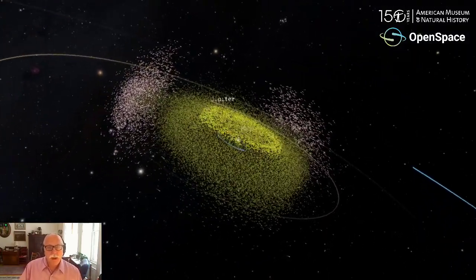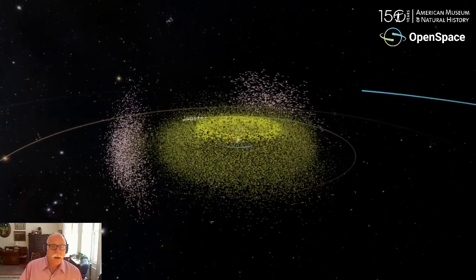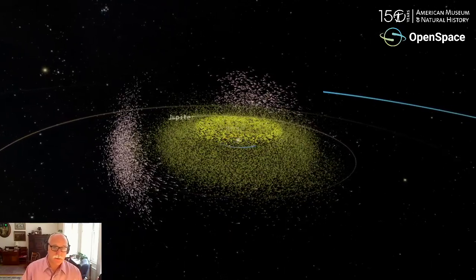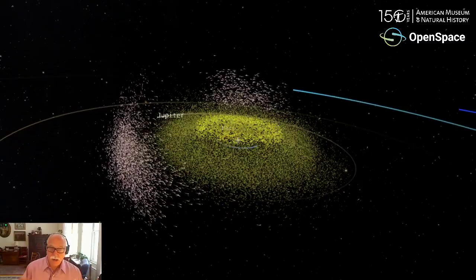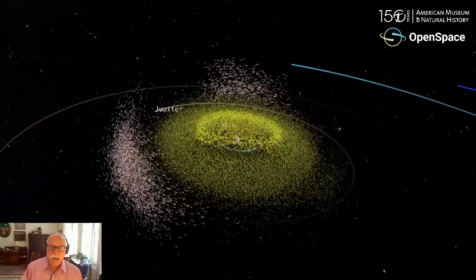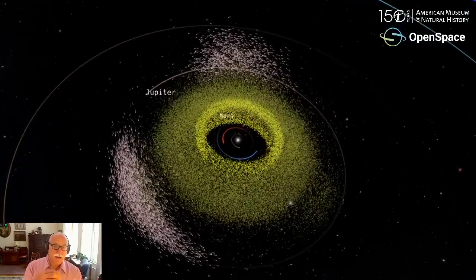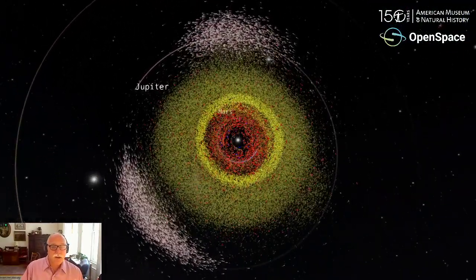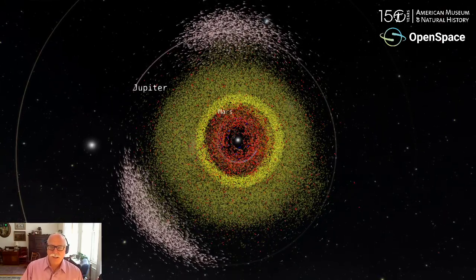And some of them, due to the gravitational interaction with Jupiter, can actually go into the inner solar system. And the asteroids that come into the inner solar system can hit the Earth, can hit Mars, can hit Venus or Mercury even. And these are asteroids that are called potentially hazardous asteroids.